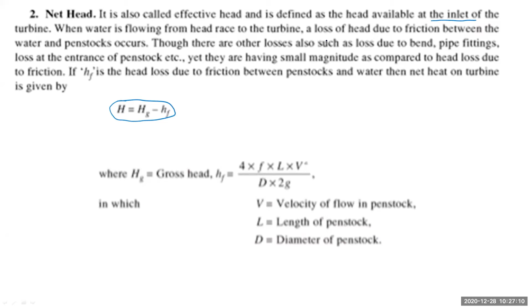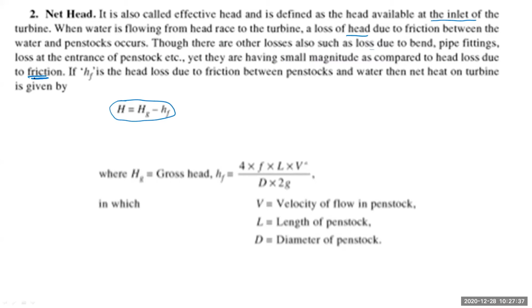A loss of head due to friction will be there between the water and the penstock. Though there are other losses also, that is loss due to bends, pipe fittings, and losses at the entrance of the penstock, etc., yet they are small in magnitude as compared to the head loss due to friction.